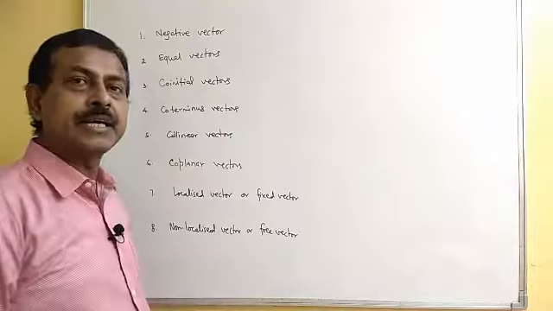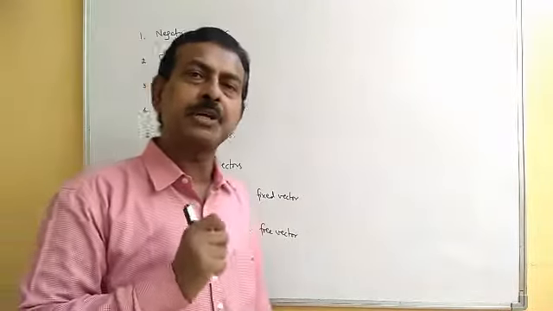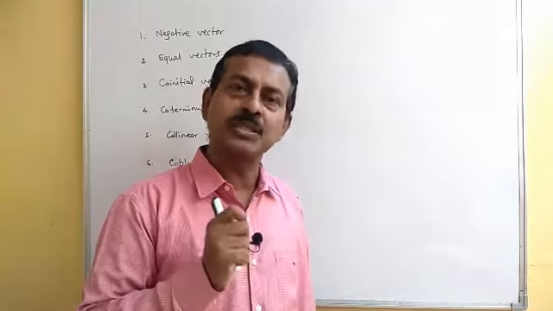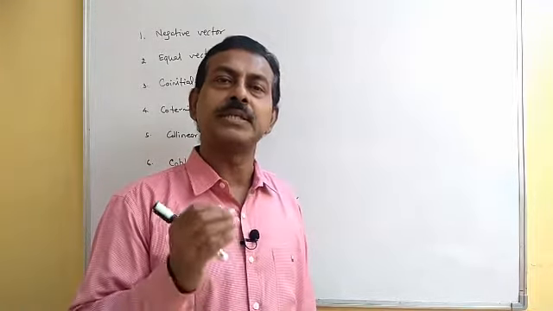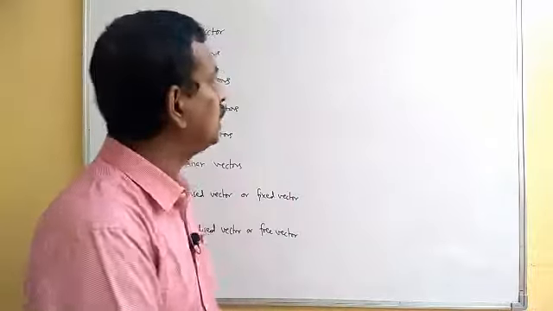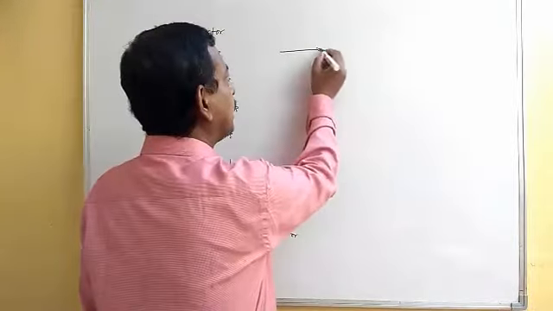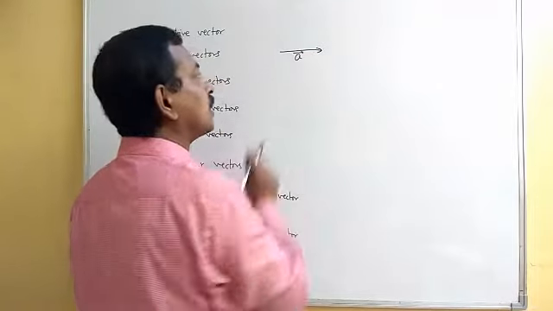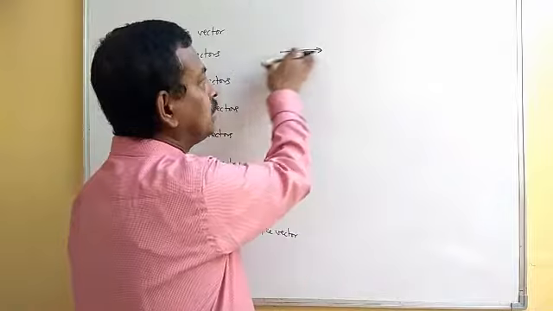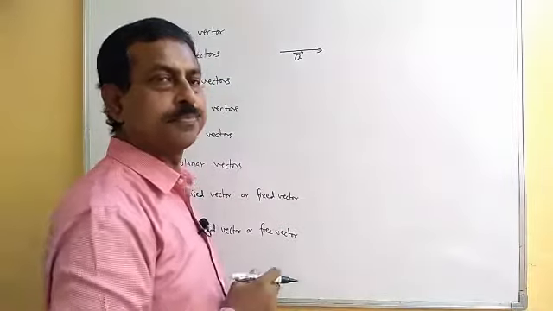First one is negative vector. Negative vector of a vector is the vector having same magnitude as the given vector, but its direction is just opposite to the given vector. For example, suppose we have a vector A represented like this. That means it has this much magnitude and it is in one particular direction there.